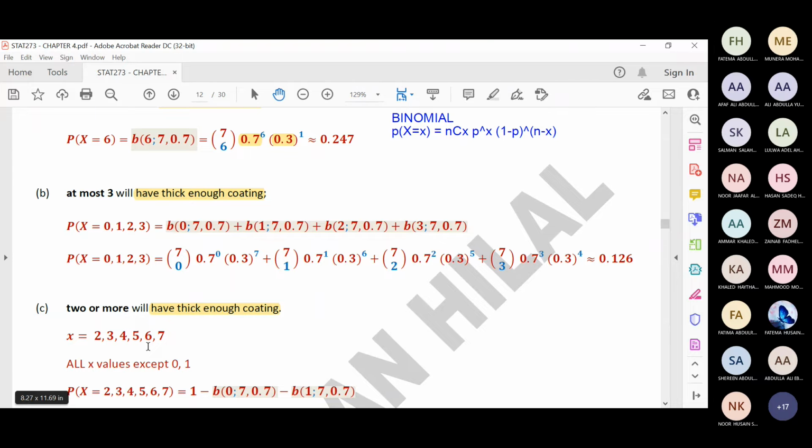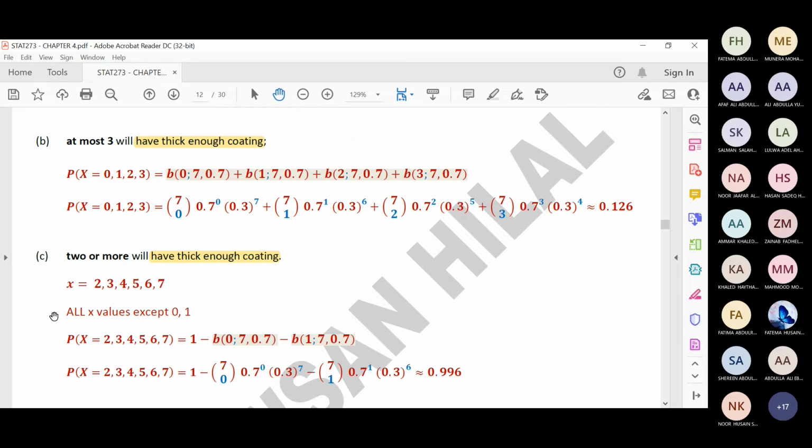Can we shorten that? Can we simplify this exercise a bit and get the correct answer in a simpler way? Yes, fortunately we can do this. If you think about the values of x: 2, 3, 4, 5, 6, 7. So I would say all except 0 and 1. And that is indeed it. What are the values of x? 0, 1, 2, 3, 4, 5, 6, 7.